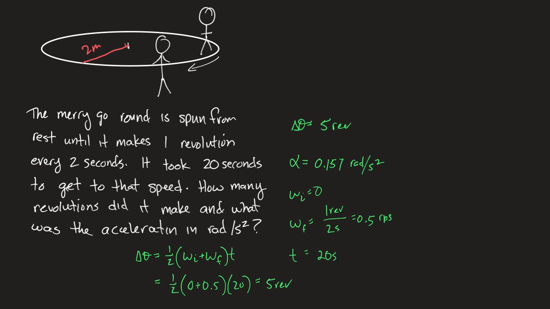Or how far in meters did they go getting up to speed? Or what is their centripetal acceleration when they make it to that speed? We have other things we've studied already. So the fact that we now have rotational motion as part of what we're going to be studying doesn't mean that we forget the fact that there was a first semester.